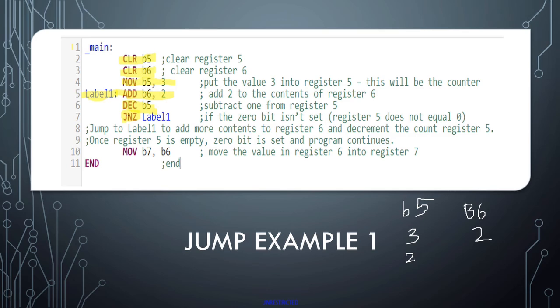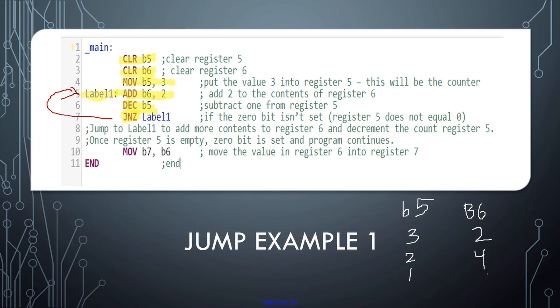Okay, so now this is going to go back to our label 1, and we're going to add 2 again to B6. That leaves us with 4. We decrement B5 down to 1. We do a jump if not 0 check. Well, B5 doesn't equal 0 yet, so we'll loop back to label 1.